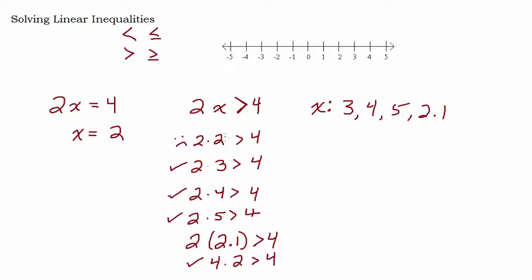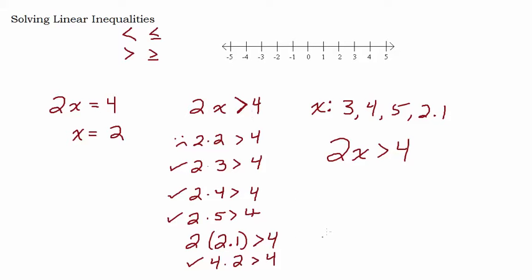We know if x is 2, it doesn't work. So hopefully you're seeing here that if x is just a little bit bigger than 2, it'll work. And that gives you the values of x that are the solution to the inequality. So one of the big differences between linear inequalities and linear equations is that linear inequalities can have infinitely many answers.